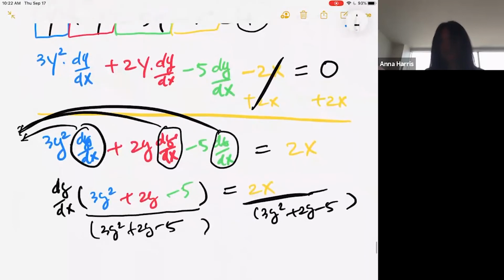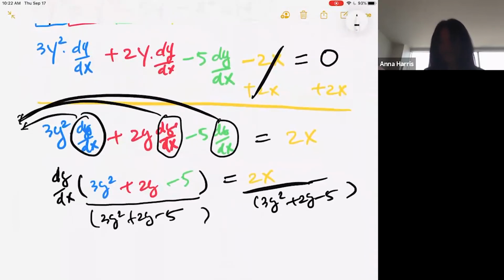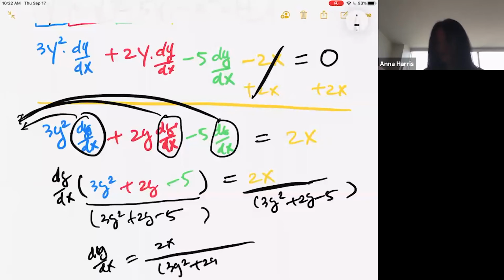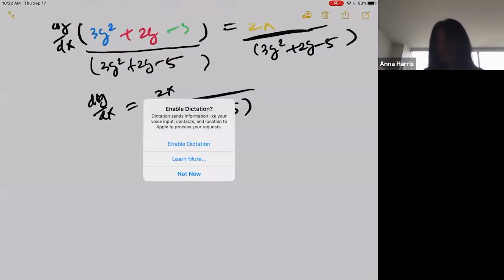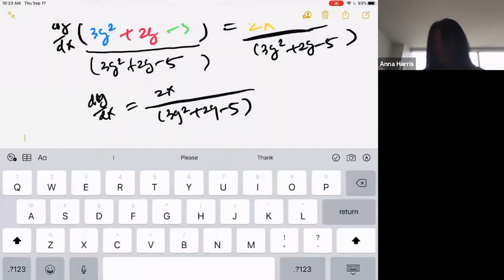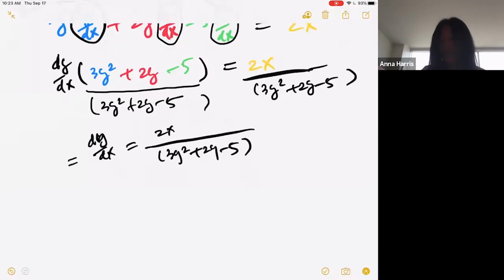Okay, so now I'm done. So my answer is dy/dx is equal to 2x, everything over 3y squared plus 2y minus 5. dy/dx is the same as y prime.